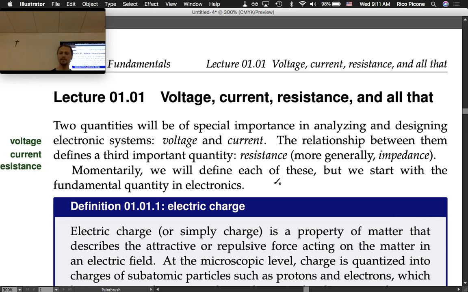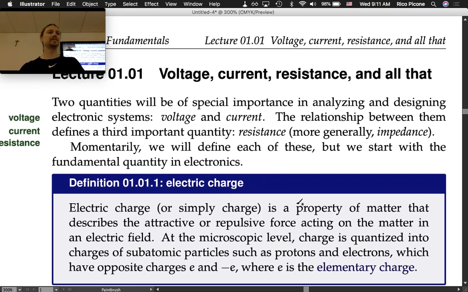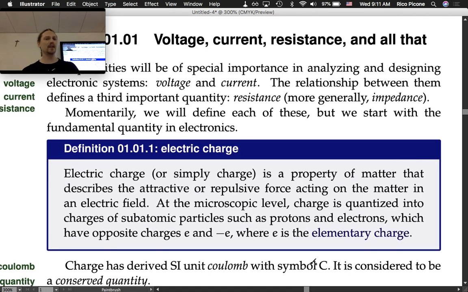Okay? So that's our broad overview of what we're doing here. Momentarily, we will define each of these, but we start with the fundamental quantity in electronics, electric charge, which is a property of matter that describes the attractive or repulsive force acting on the matter in an electric field.